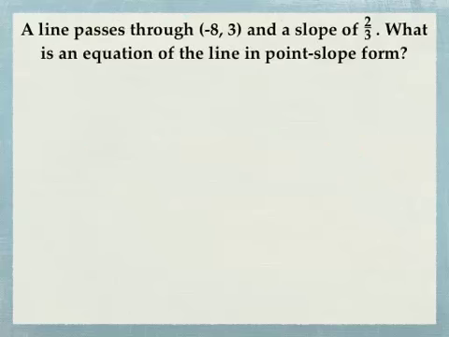The next example says a line passes through -8, 3 and has a slope of 2/3. What is an equation of the line in point slope form? In this case, I'm going to be plugging in 3 for y sub 1, -8 for x sub 1, and 2/3 for m.